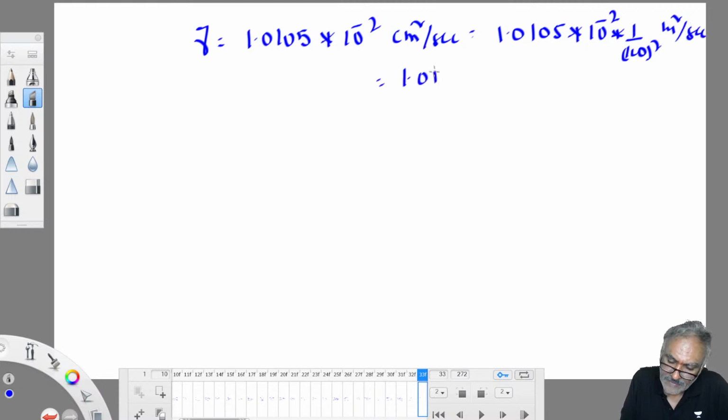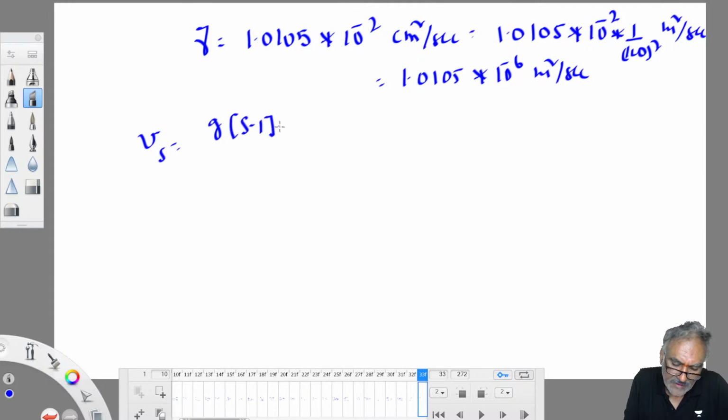So we convert, this becomes... Now we can work out. The g value given is 9.8 only in the question. Let us use that value given in the question.